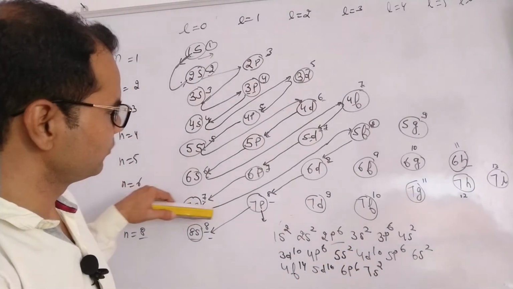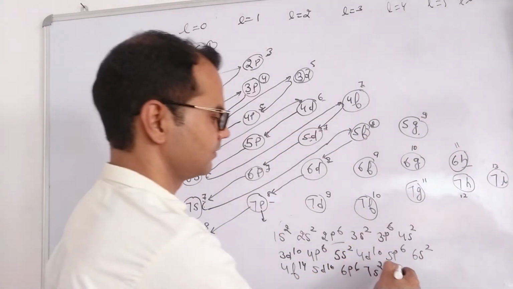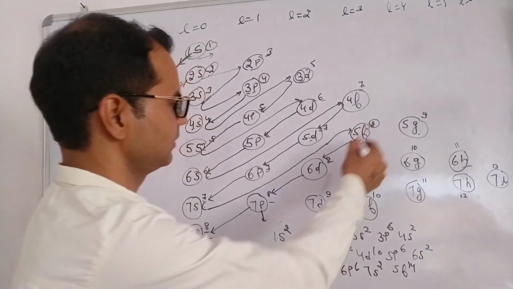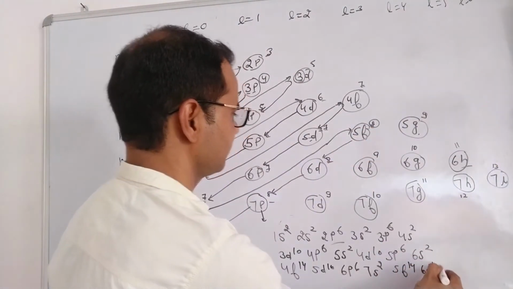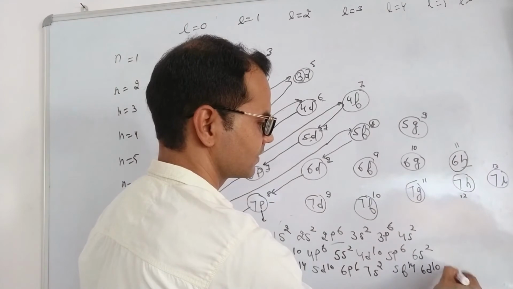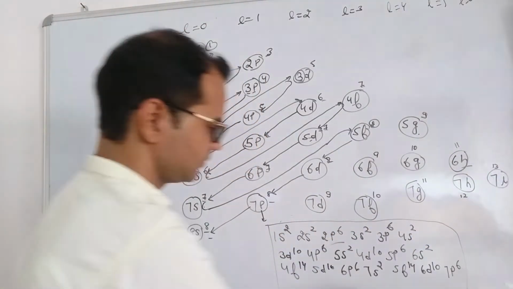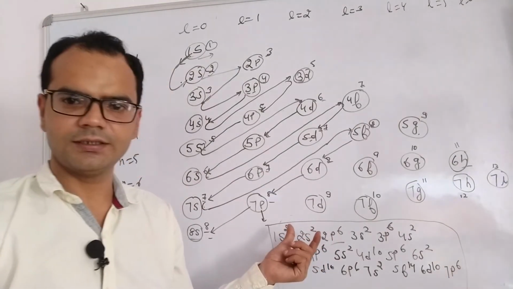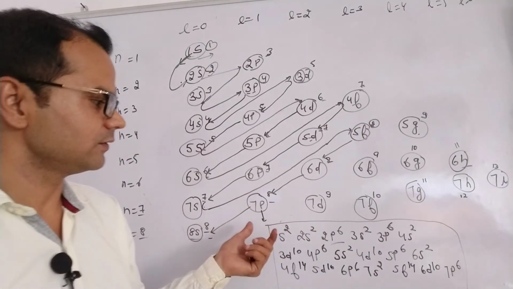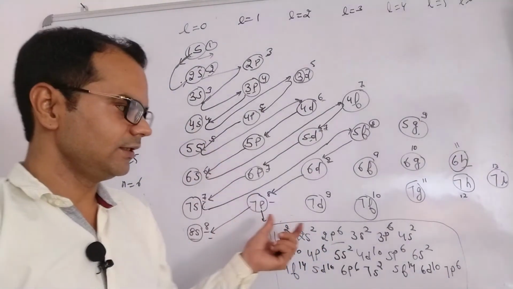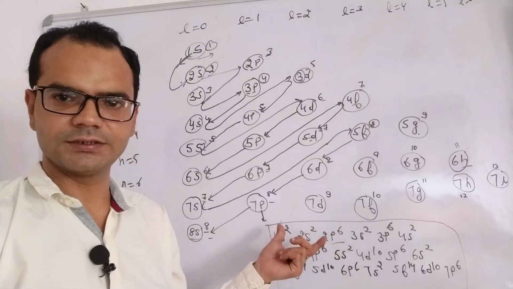From 7s2 we move to 5f14, next 6d10, next is 7p6. This is the correct sequence of atomic orbitals in increasing energy.